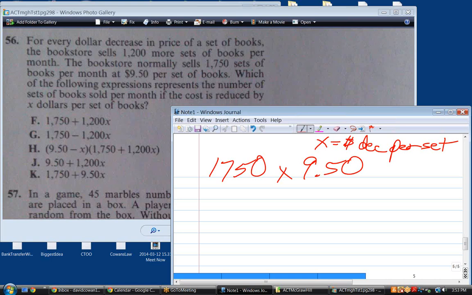X equals the dollar decrease per set of books. So it seems to me we're going to sell 1,750 times $9.50, no, we're going to sell more.